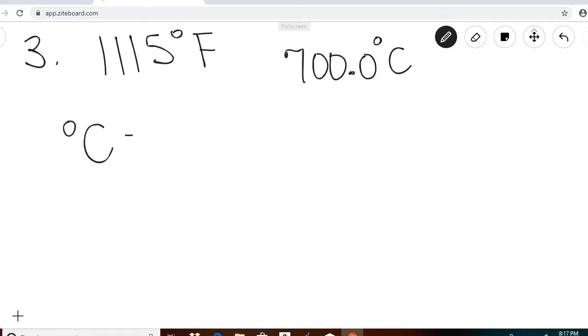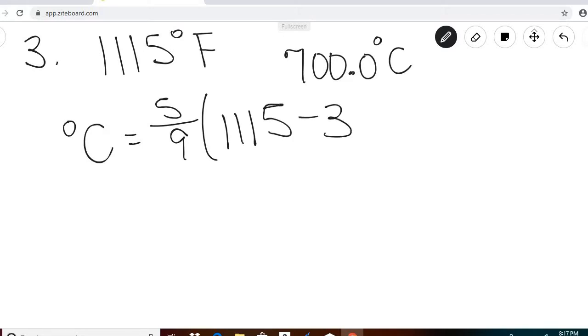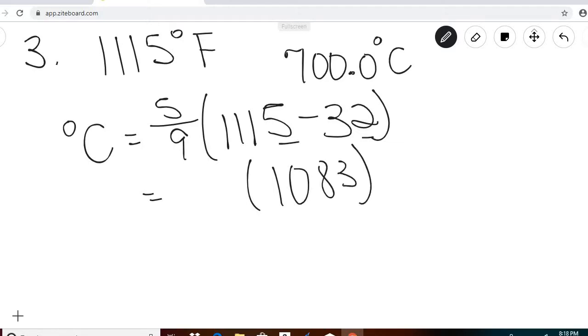So degrees C is equal to 5/9 times the Fahrenheit temperature minus 32. So 1,115 minus 32 is 1,083. Both of these go out to the ones place, so we're subtracting, so we go out to the ones place, and then we multiply that times 5/9.